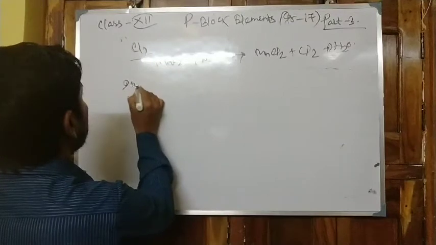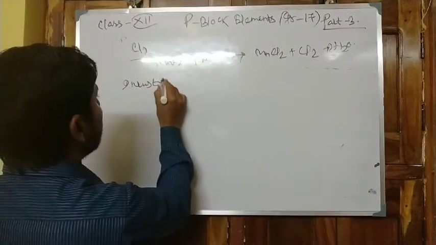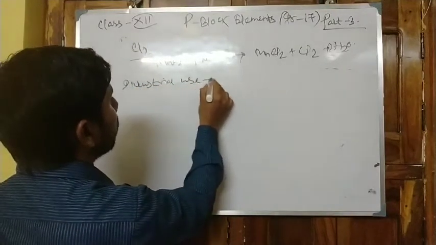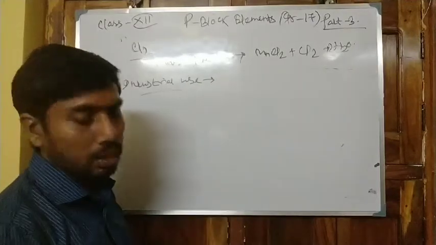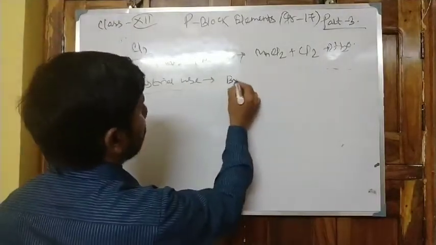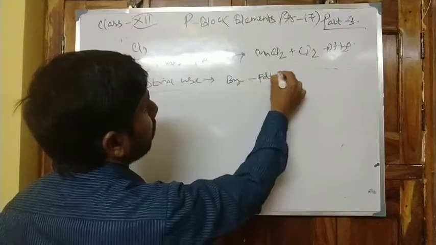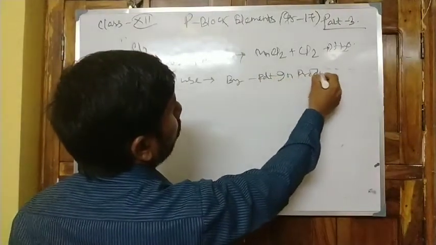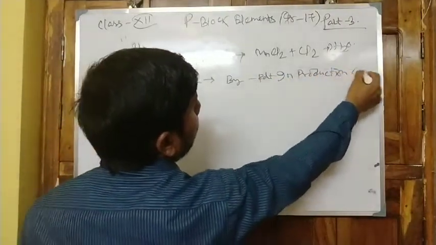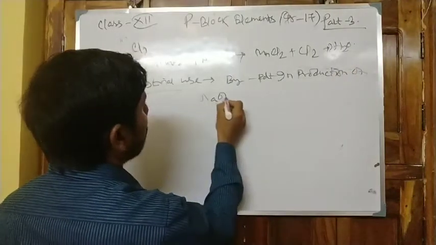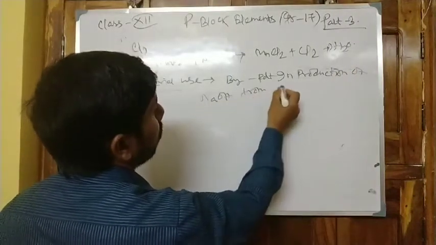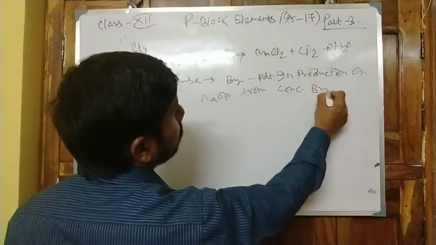But in industrial use, it is produced as a byproduct in the production of NaOH from concentrated brine solution.